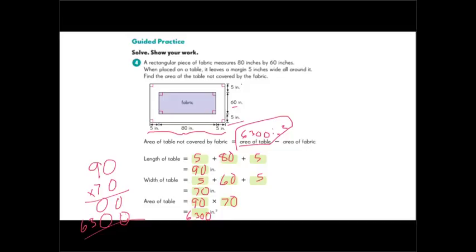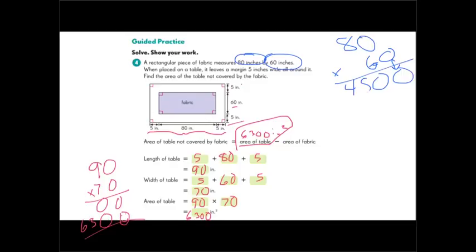And the area of the fabric. The problem gives us 80 by 60. And 6 times 8 is 48, so the area of the fabric is 4,800 inches squared.